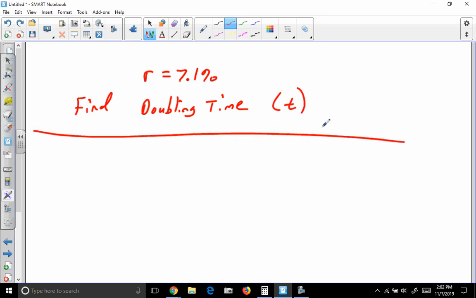Now notice it doesn't tell us what the initial amount is. So if we fill in what we know, we don't know the final amount, we don't know the initial amount, we just know that the rate is 0.071, and we're looking for t.